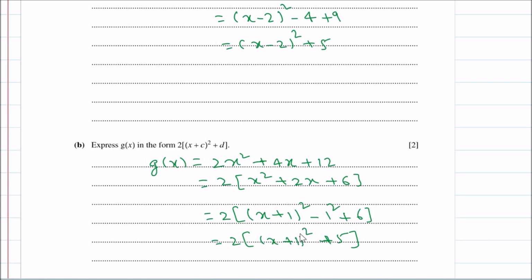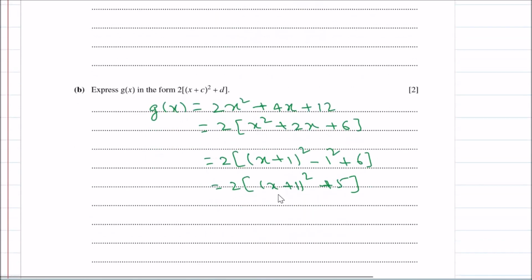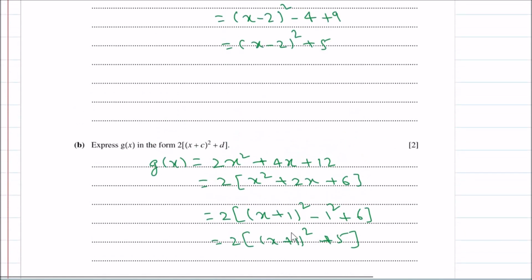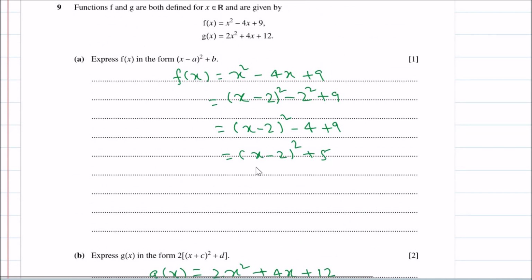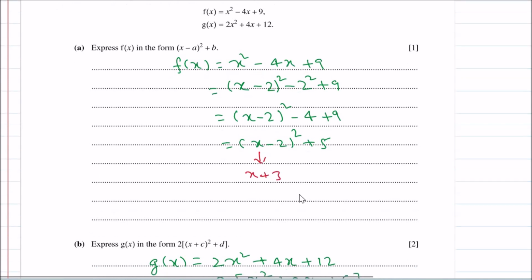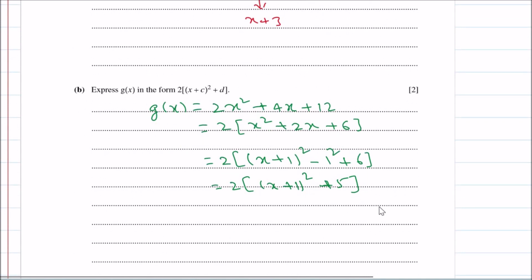So what is happening? We are writing x plus 3 in place of x. Then we are getting gx. If you replace this with x plus 3, then only you will be getting this, right?